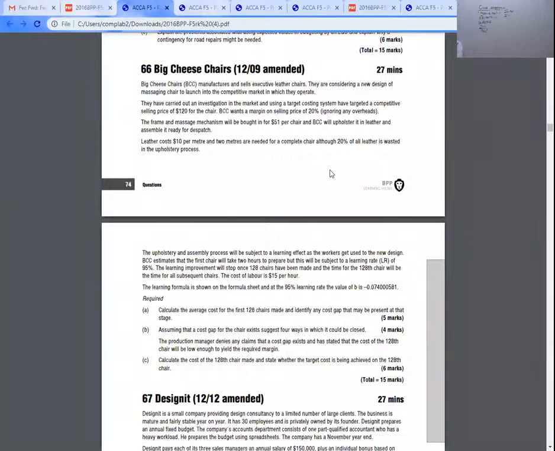Whenever there is wastage, you have to buy more, and to know the extra quantity to buy, you take the net divided by the net percentage. Can somebody give me this figure? 2 divided by 0.8 is what?